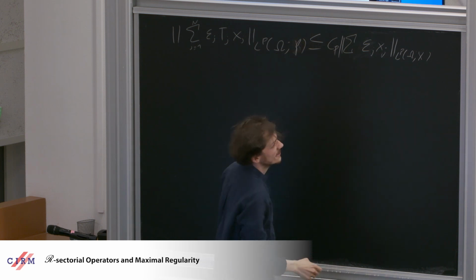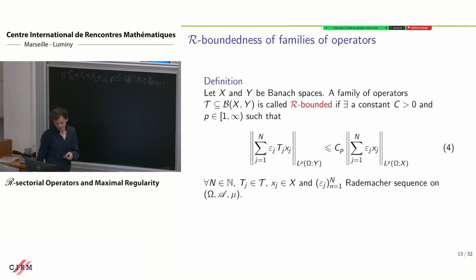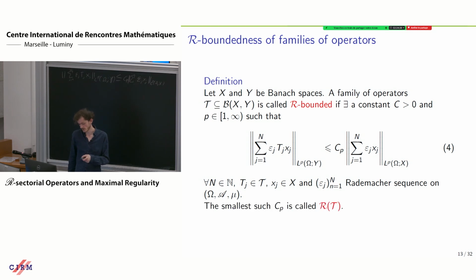And then the smallest constant is called the R-bound, which depends on p, but we will omit this in the notation.